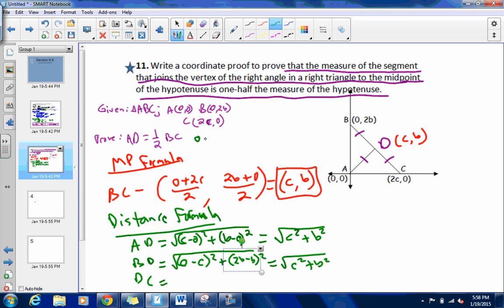So DC, let's take the square root of C minus 2C squared plus B minus 0 squared.